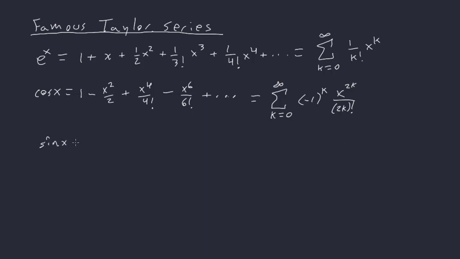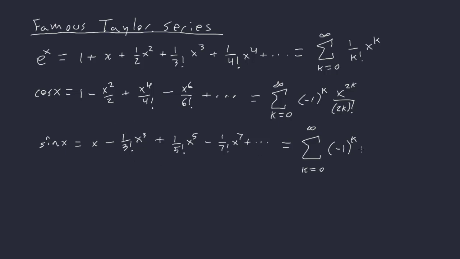Sine is the odd terms alternating. So it would be x minus 1 over 3 factorial x cubed plus 1 over 5 factorial x to the 5th minus 1 over 7 factorial x to the 7, and on and on. So how do we do that one? All right, well, we get the same alternating piece. We can put that in, and it will work the same way, because when we put in the 0, we'll start with a positive.